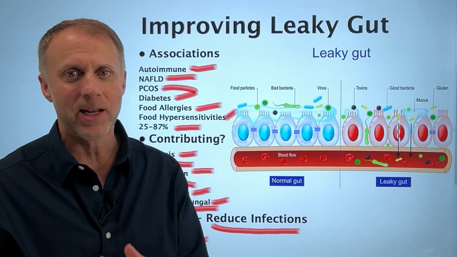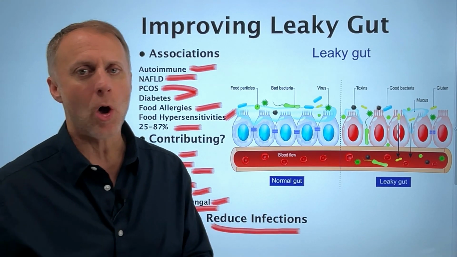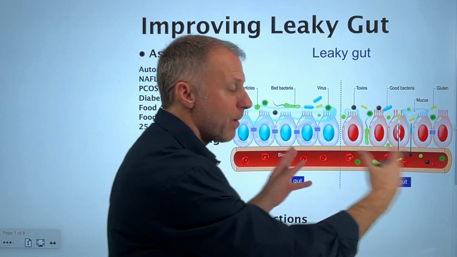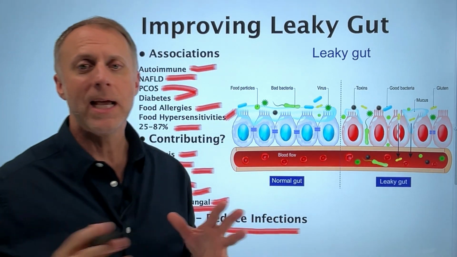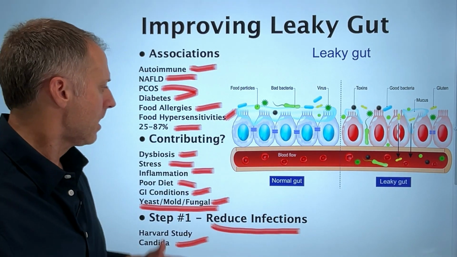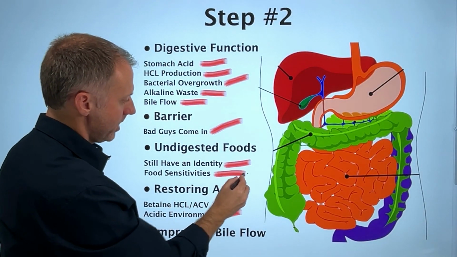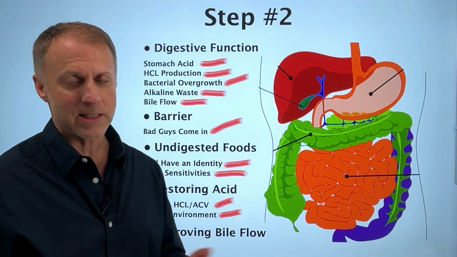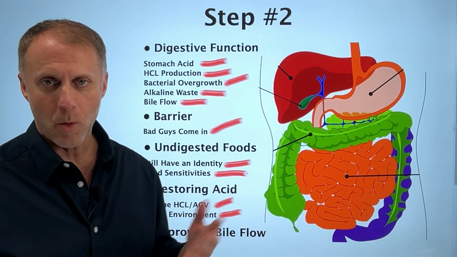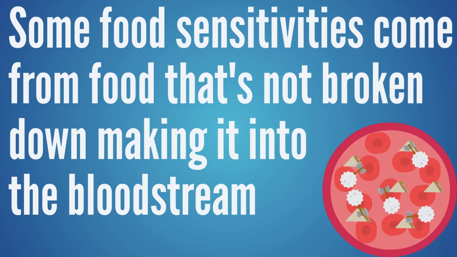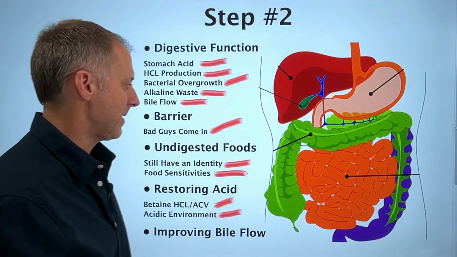It's activating the immune system that creates all this inflammation. That's the response, is that inflammation. It's responding to an invader. So this is how a lot of people create these food sensitivity issues that were not there when they were born. That's different than a food allergy that could always be there. A lot of these food sensitivities are created because the food still has an identity and it gets into the bloodstream and creates all kinds of havoc.